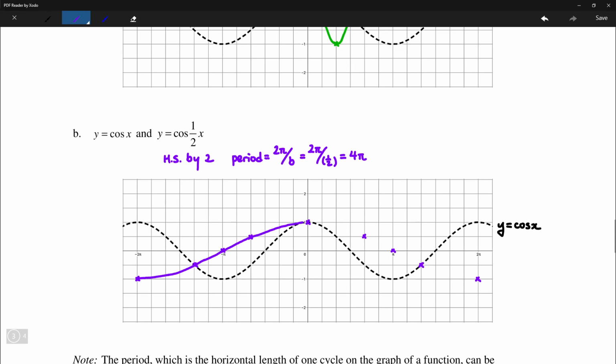And then the second half of the period will be from 0 to 2 pi, which makes sense because the period of the whole function is 4 pi. So we expect one cycle to span 4 pi horizontally. And there we have it.